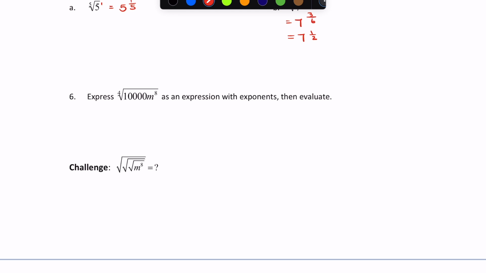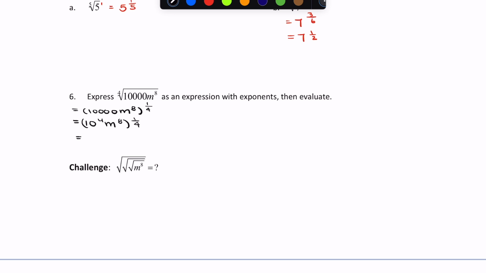So here we can rewrite this as 10,000 m to the power of 8, all to the power of 1 over 4. We can rewrite 10,000 as 10 to the power of 4, and m to the power of 8, to the power of 1 over 4.